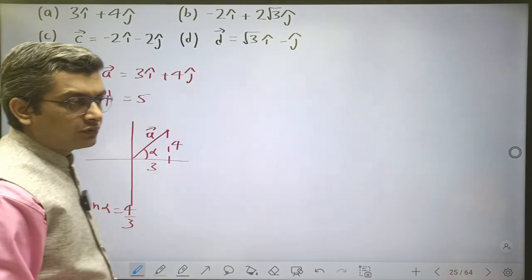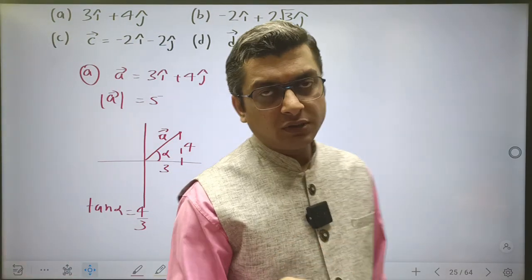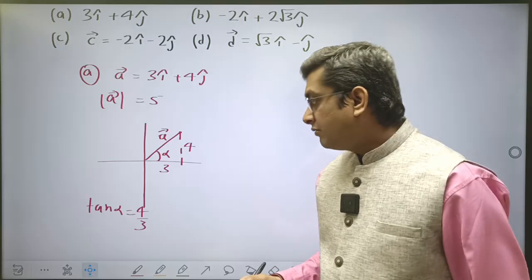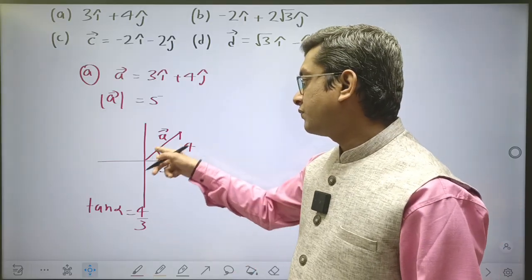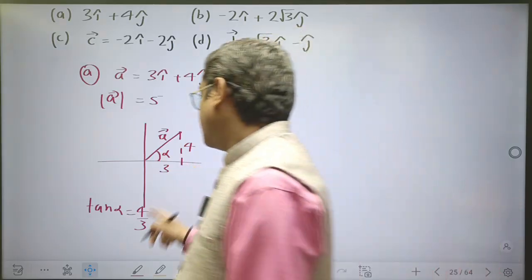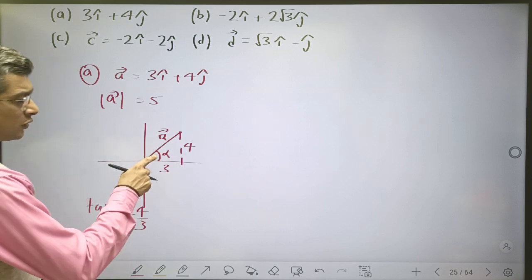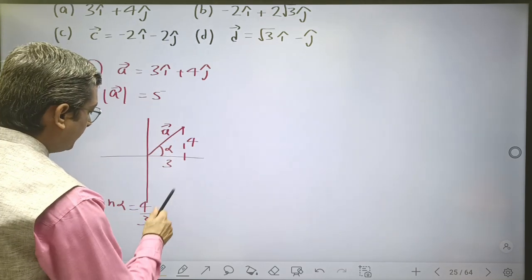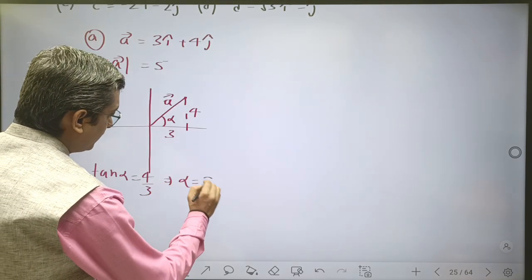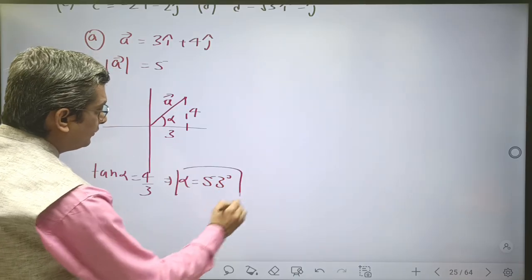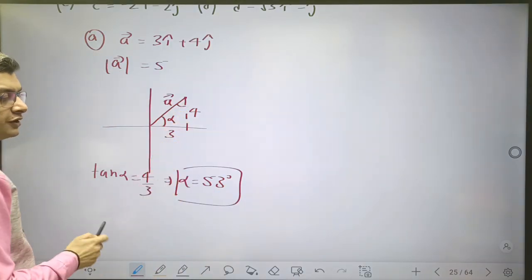In the lecture of the basic maths portion, that is the trigonometry class, we have learned that this is a special case, 3, 4, 5 triplet. So this is the angle opposite to 4. So here alpha is equal to 53 degree, and in this triangle this angle will be equal to 37 degrees.